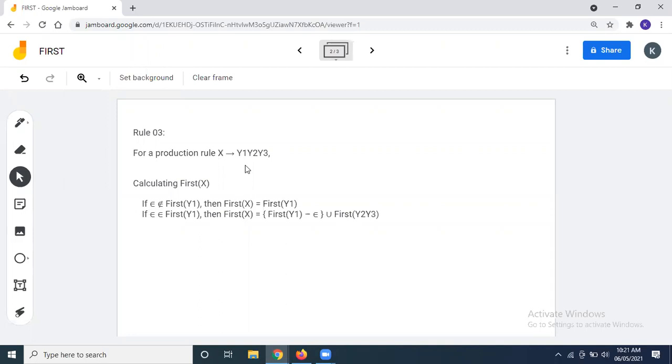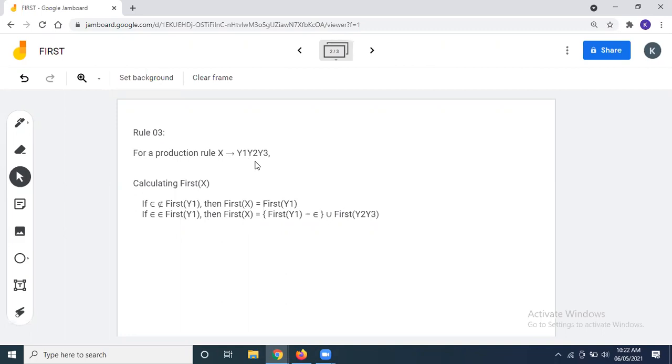And what they're telling is, if in the production of Y1 we don't have epsilon, that is if epsilon is not present, then whatever is there in first of Y1 will be included in first of X. But if we have epsilon in the Y1 production, then first we consider first of Y1, and the second time we consider first of Y2.